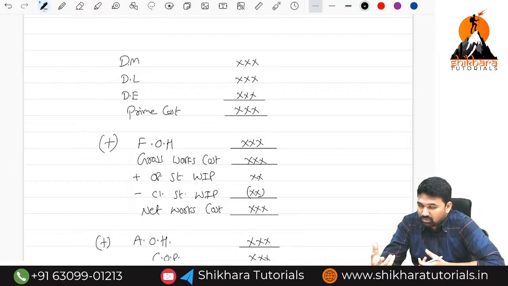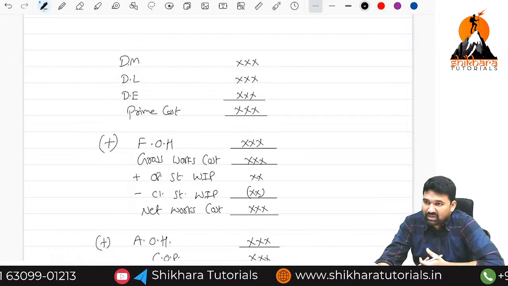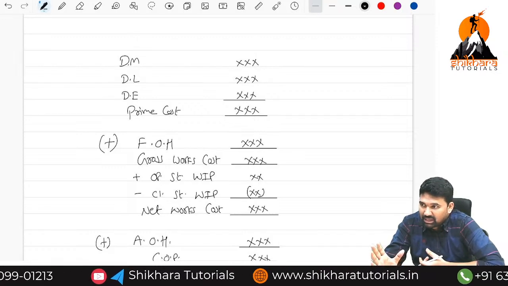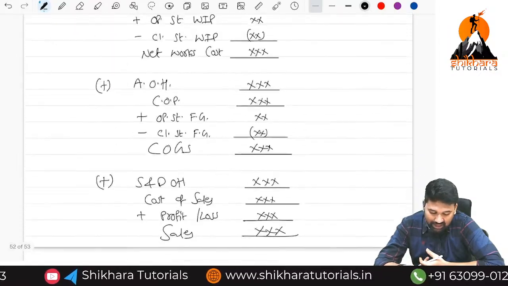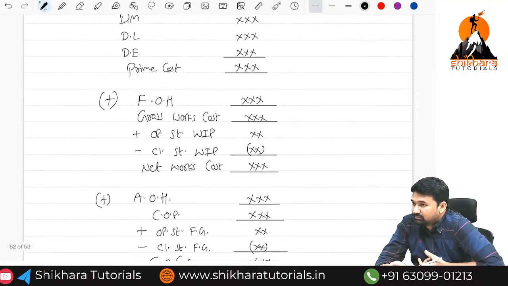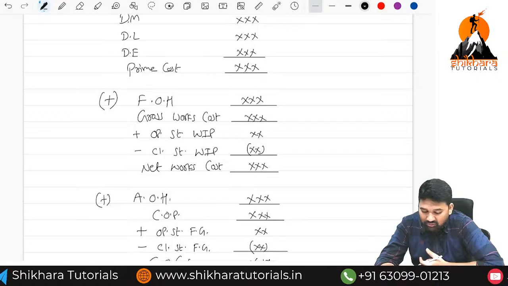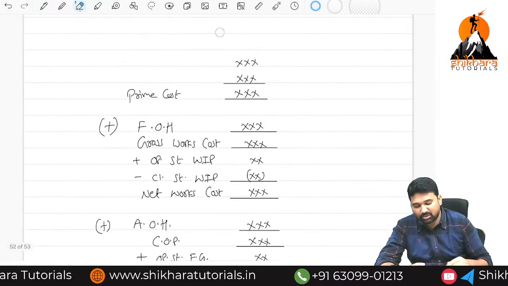So this much weightage is allocated for the cost sheet chapter. That is why I am insisting on learning the cost sheet structure in a theoretical and practical way many times. So you must not forget the structure of cost sheet. So this is all about cost sheet.